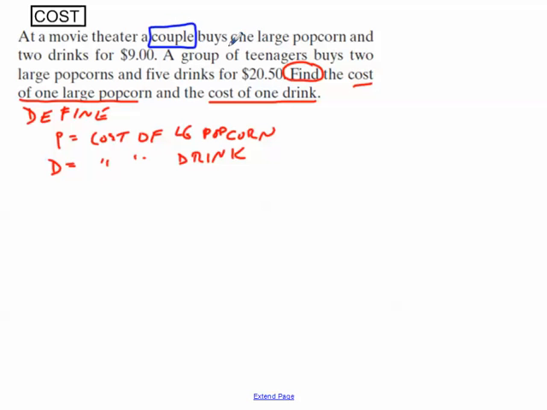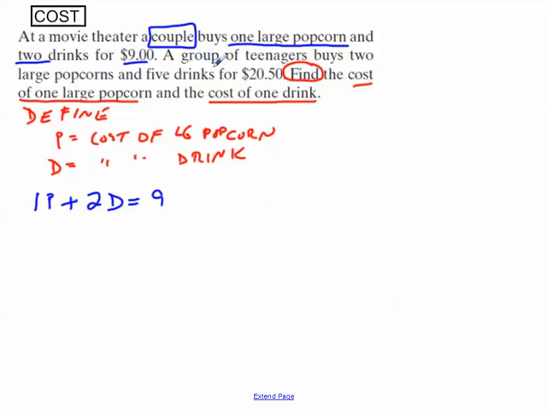The couple buys 1 large popcorn and 2 drinks, and the cost is $9. So you look at the dollars that they spent. For the couple, and I'm going to write in blue again, you'd say 1 times the cost of 1 large popcorn, which is a dollar amount, plus 2 times the cost of a drink, also in dollars, equals $9.